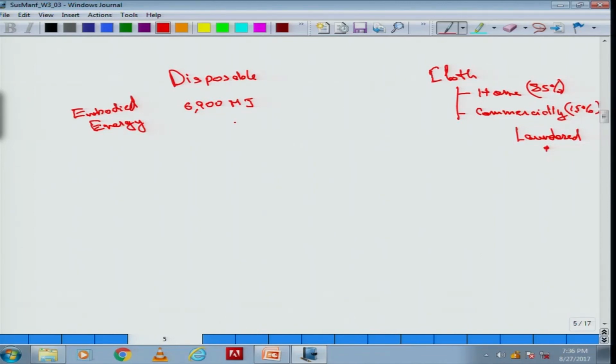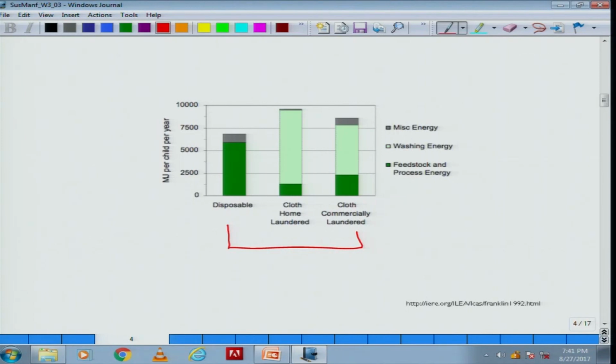And in cloth diaper, the energy that is embodied in cloth diaper is actually from the laundering process. So, regarding the embodied energies of the diapers that are being compared here, the disposable diapers used 6900 megajoules of energy here, this is 6900, right, and the cloth diapers used a total of 9600 megajoules.